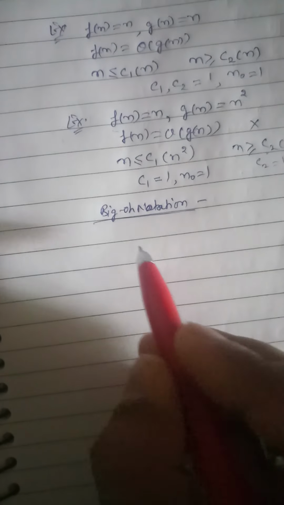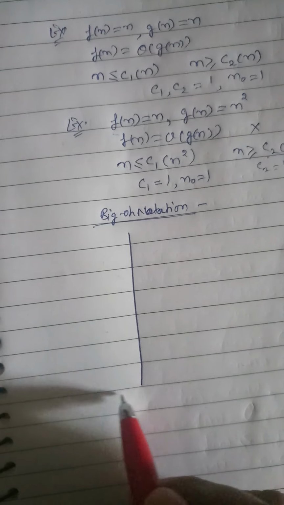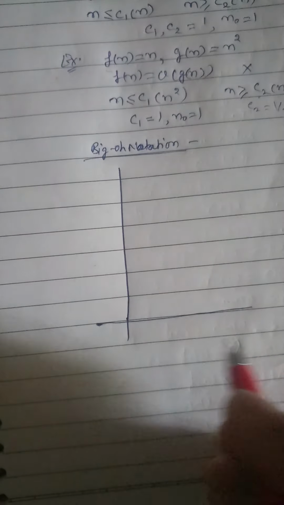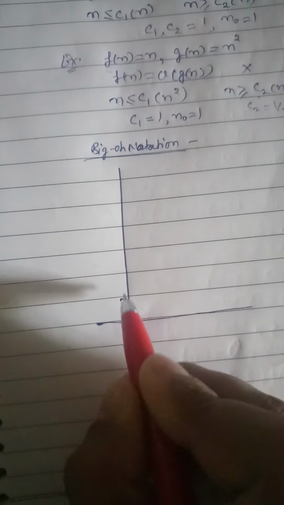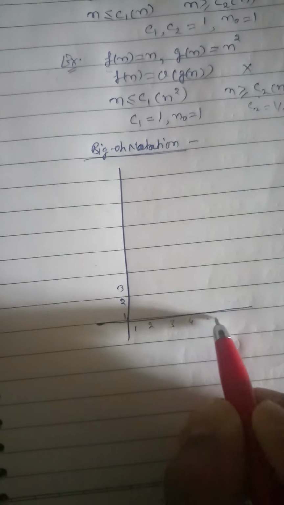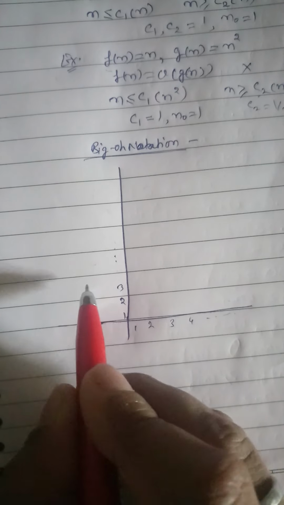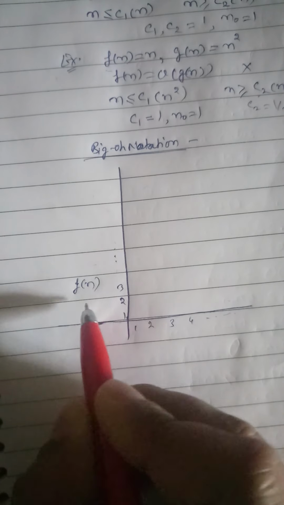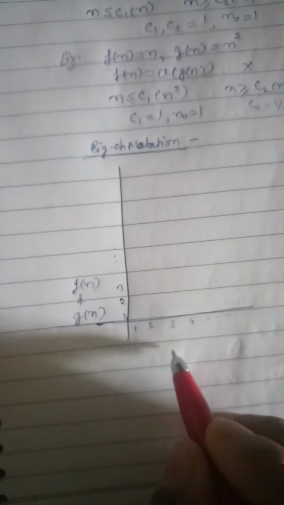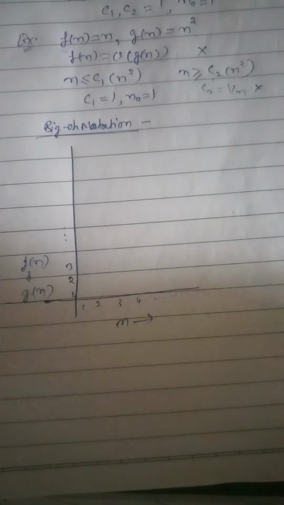Here we plot f(n) and g(n) against n, with n values 1, 2, 3, 4 and so on. So how are we going to plot big O notation?